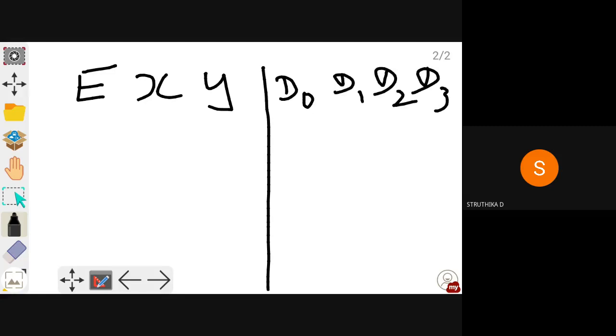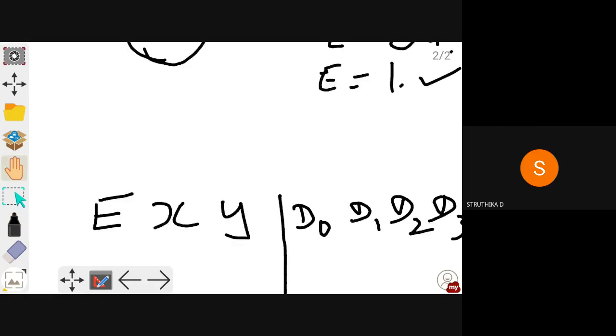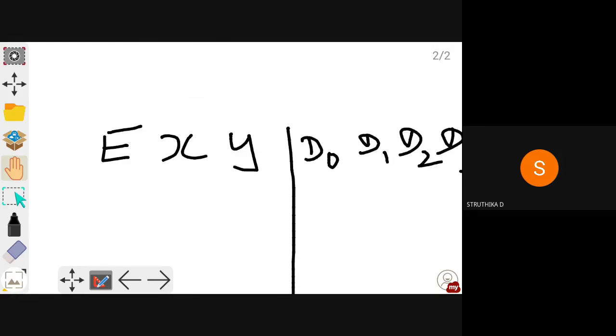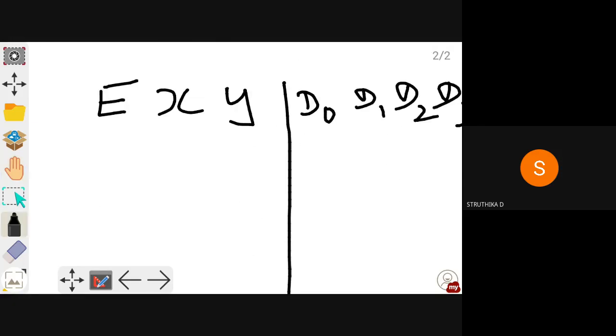I am using a bubble here, so your decoder will be enabled only if it is 0. So the first condition in the truth table: if E is equal to 1, whatever the input is, the cross means a don't care condition. Don't care means it can be either 0 or 1.